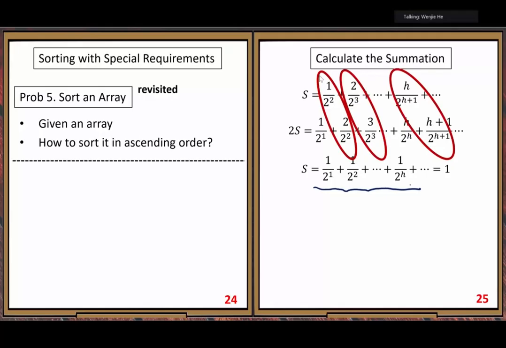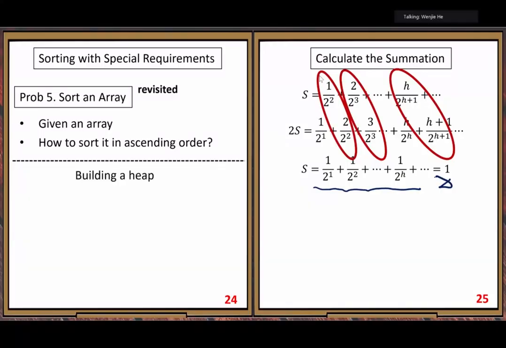Then this summation is very easy. Okay, so it's a geometric series, and we have the formula for calculating a geometric series. So the answer is 1. Very easy to see. Then S equals 1.